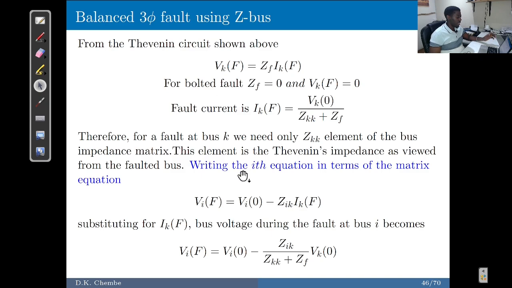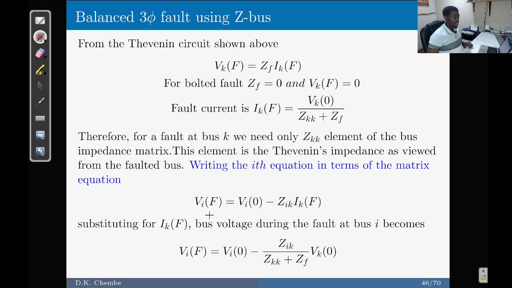If we are to write the ith equation in terms of the matrix equation, then our VI is going to be equal to VIF for any bus I, for instance. Then we have the VI initial value minus ZIK times the fault current at that particular bus.